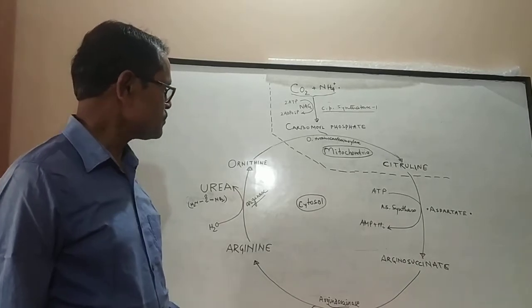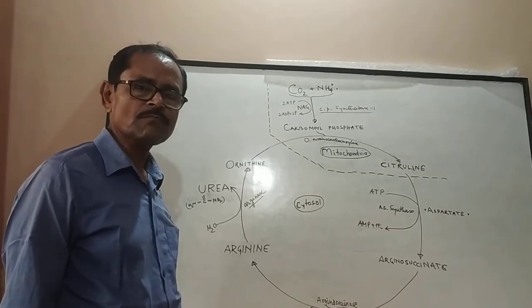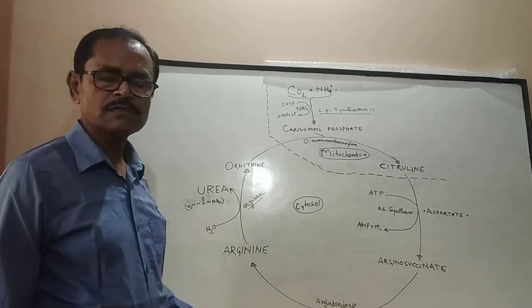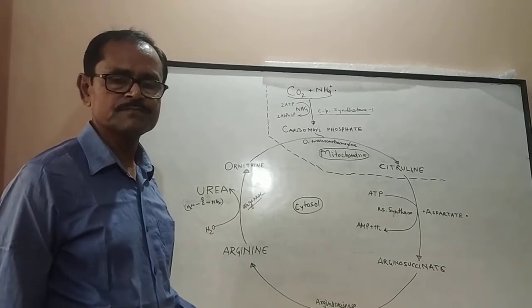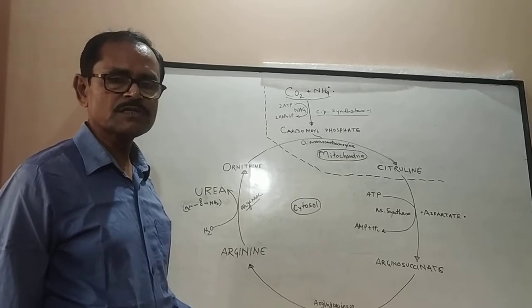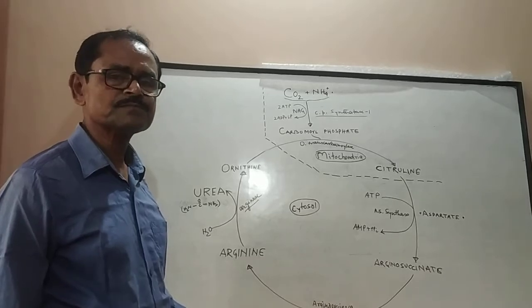So now we will learn how urea forms. Formation of urea actually takes place in the liver, and from there it comes into the kidney and is excreted in urine.